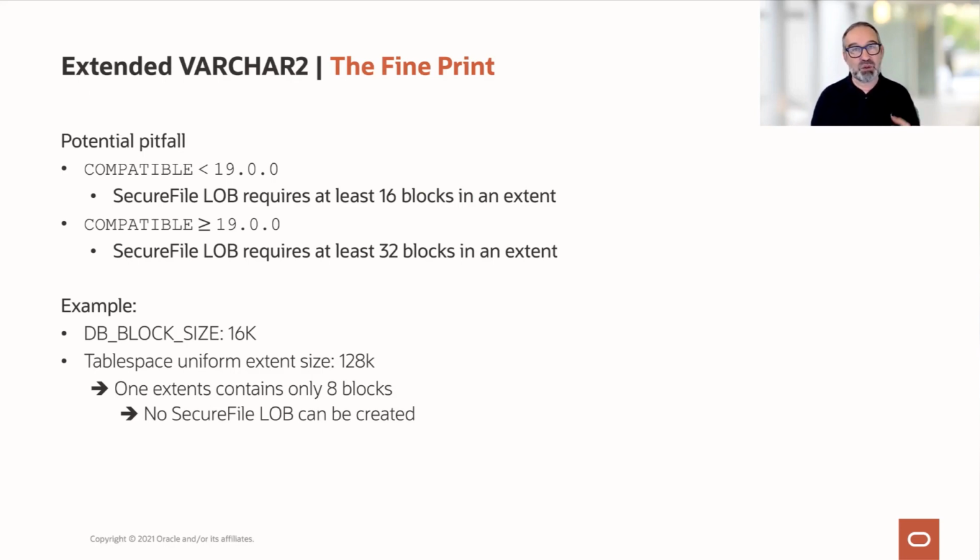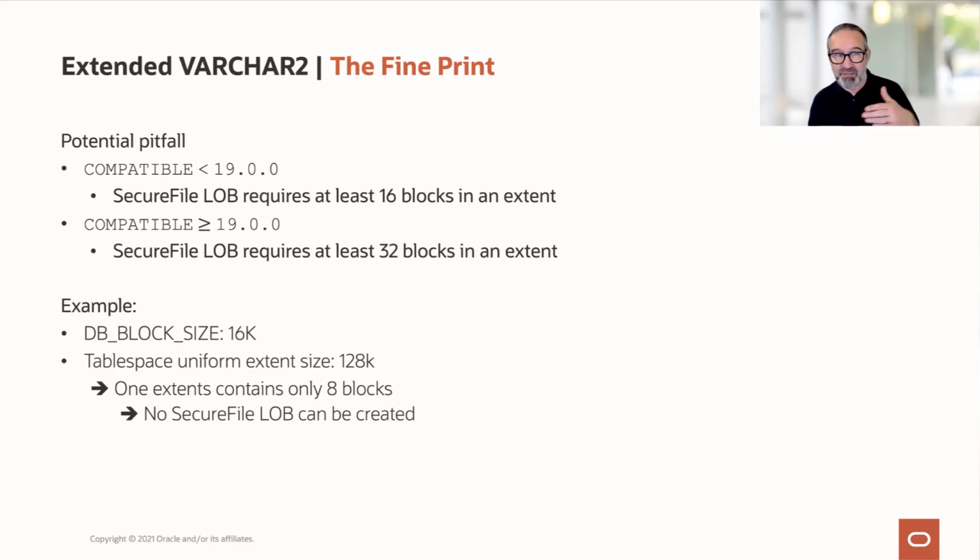When we store data, and this applies not only to extended VARCHAR2, but here it becomes really important, we need at least 16 blocks in an extent, 16 Oracle blocks in an extent, until COMPATIBLE is 18c or lower. And beginning with 19c COMPATIBLE, we need 32 blocks in an extent to be able to create a SecureFile LOB. Otherwise, that will fail.